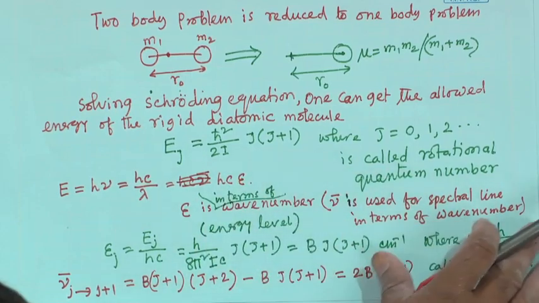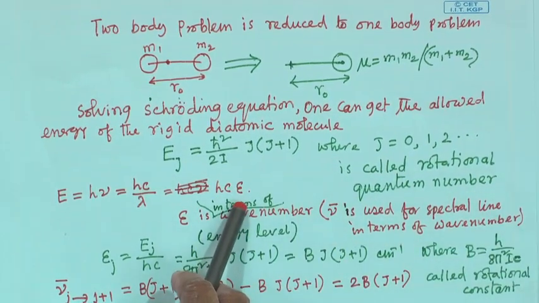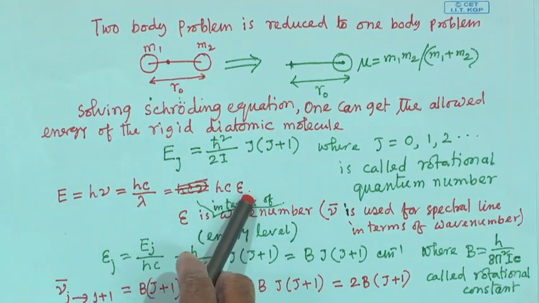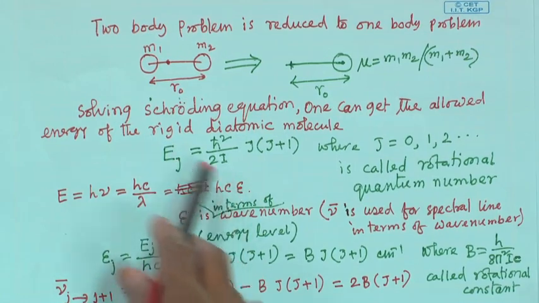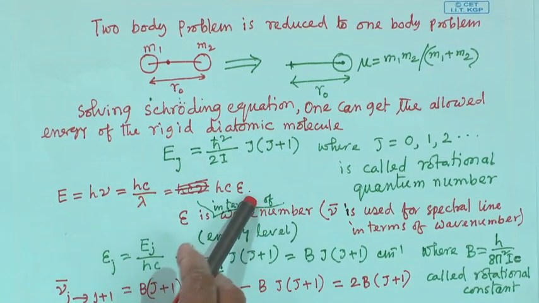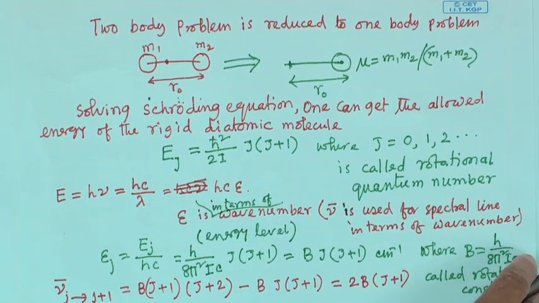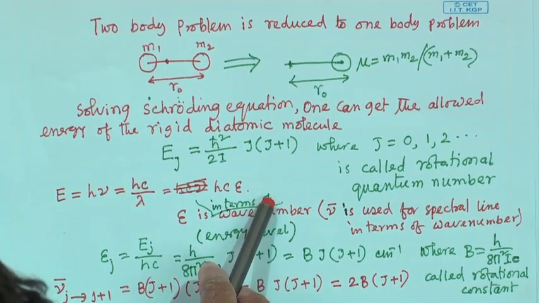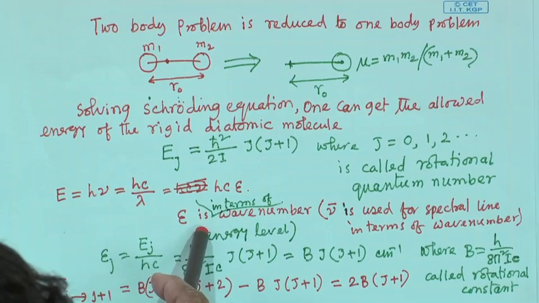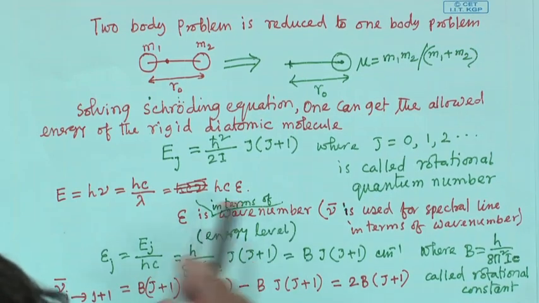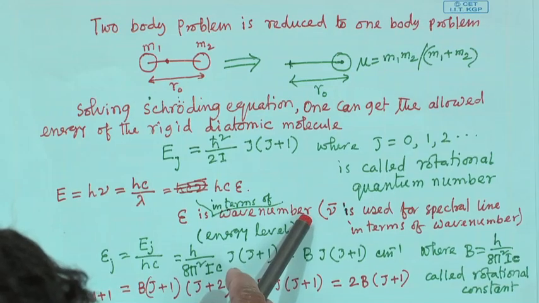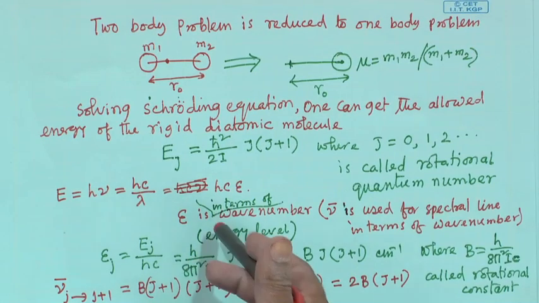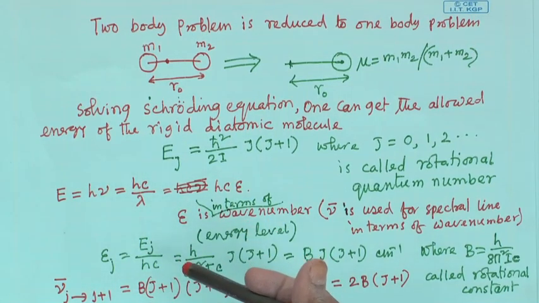Both are E, but written in a different font. This E is basically the wave number: the energy level is expressed in terms of wave number, in place of just electron volt or joule.